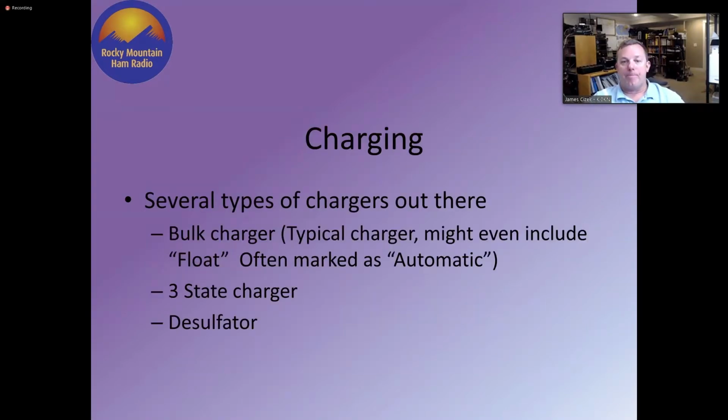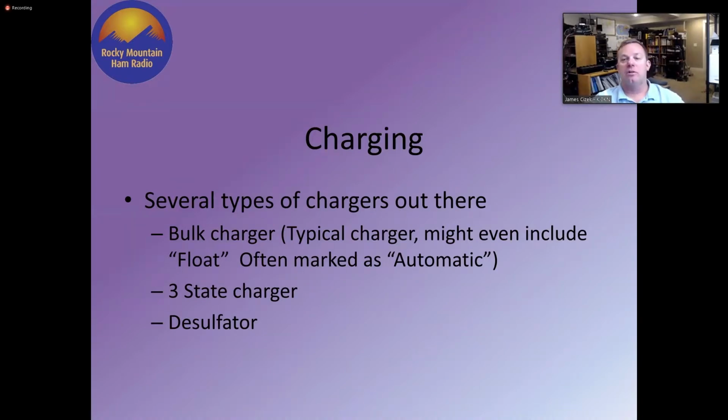Okay, so let's talk about the important parts of taking care of our batteries. That's one of the main goals here. Besides figuring out how big of a battery we might need for a job, we need to take care of it. Charging, there are basically three main category chargers out there for lead acid.